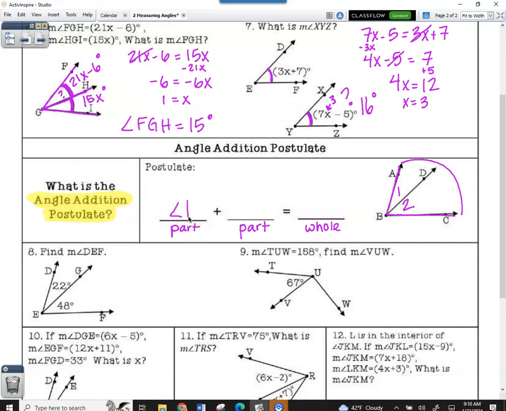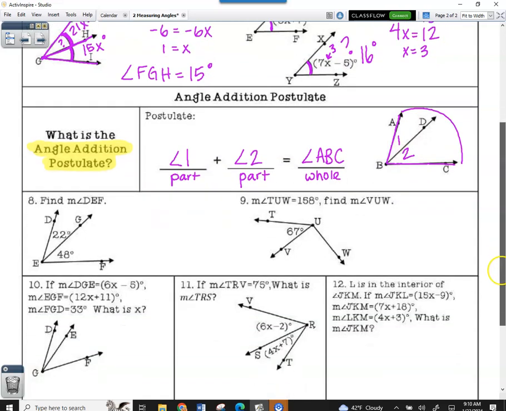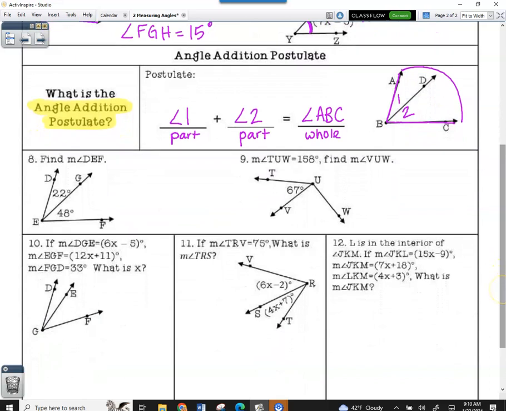If I add that to angle 2, then I would get the measurement of the outer angle ABC. So, same exact thing we've been doing, but now instead of just 2 angles are equal to each other, now the angles are not equal, but if you add them up, you get the outer angle. So there's your equation. Part plus part equals whole.